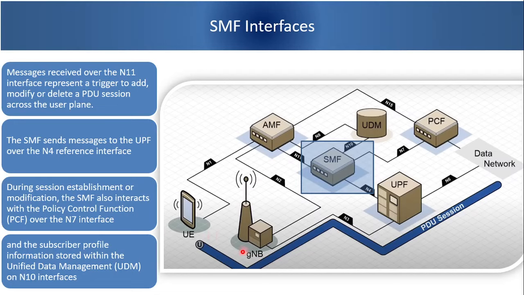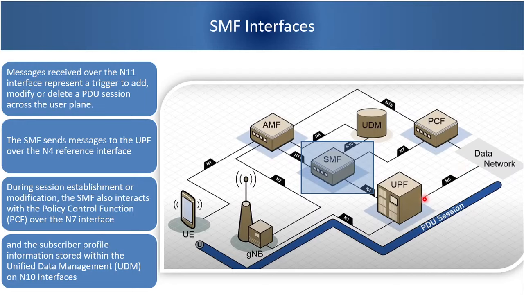No. The user plane will start from the UE to the gNodeB to the UPF and then to the data network. The blue pipe which you are saying is the connection, it's a part of the user plane. And in the core network, earlier if you recall in 4G, there used to be a serving gateway which was connecting to the eNodeB, and towards the data network PDN you had a PDN gateway.